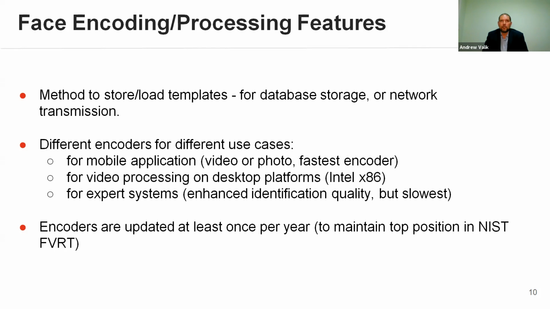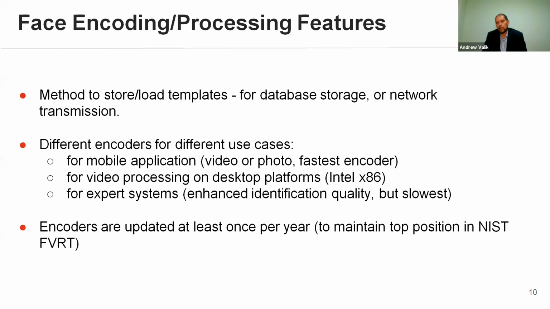And we provide different encoders for different use cases. For example, for expert systems, we provide an encoder with maximum quality. You can use it to make identification in a huge database with hundreds of millions of faces.